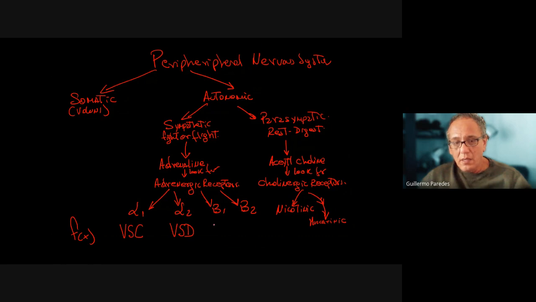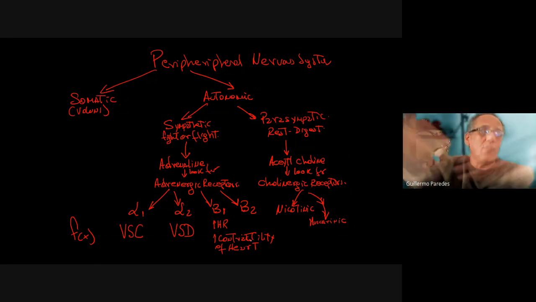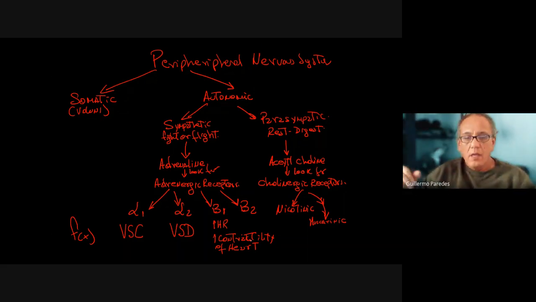Beta 1 is going to increase the heart rate and increase the contractility of the heart. That means the heart is pumping harder. Beta 1: increase the heart rate and increase the contractility.